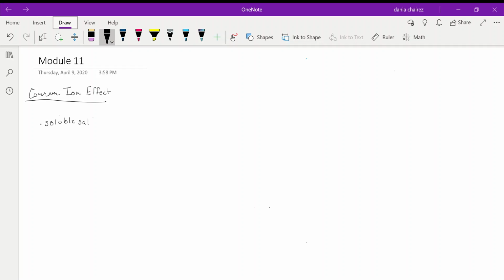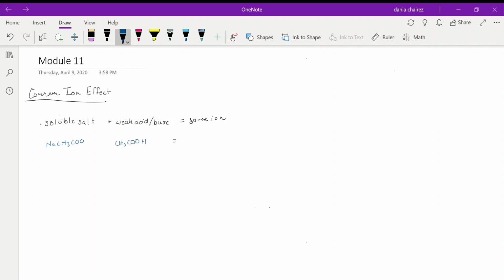plus a weak acid/base, which both produce the same ion. So take, for instance, sodium acetate and acetic acid.